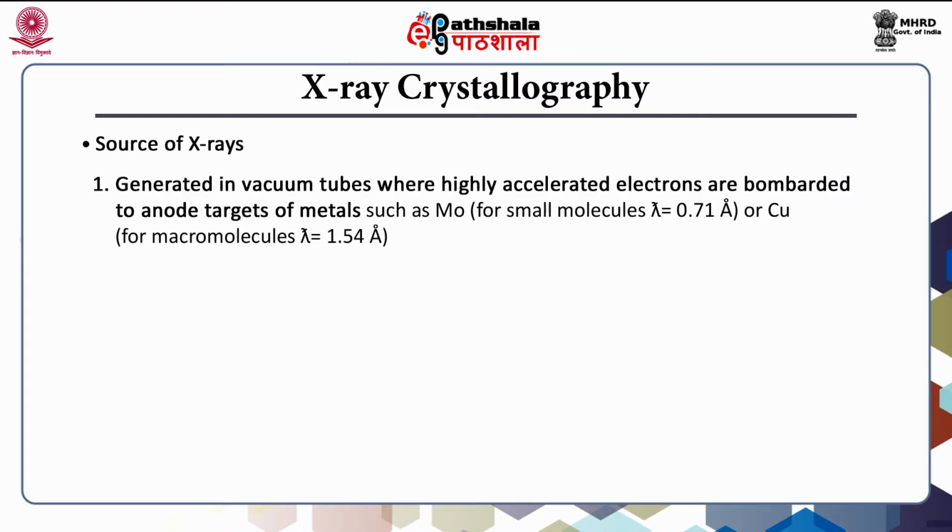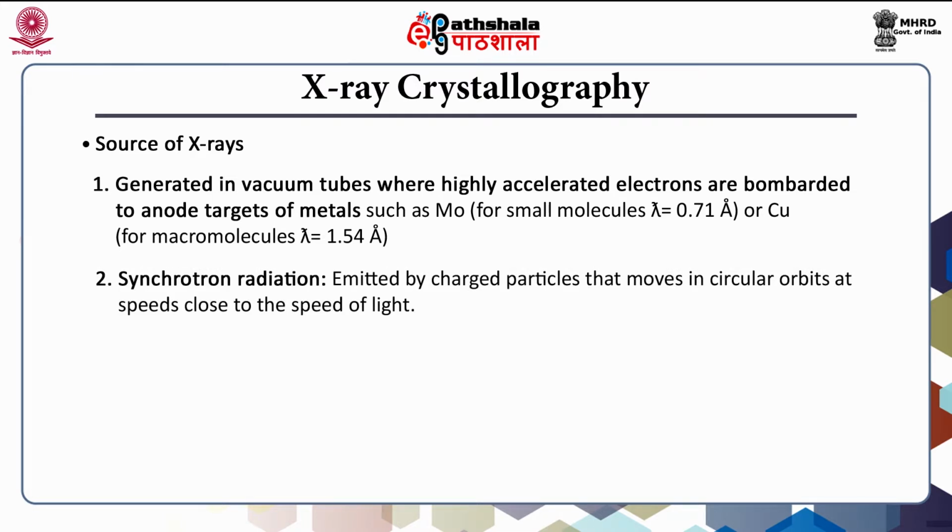A beam of X-rays of wavelength 1.54 angstrom is produced by accelerating electrons against a copper target. Generally, X-rays are produced by hitting the electrons against one particular target. In this case, generally the target is copper. That is one method to produce X-rays. The other method to produce X-rays is acceleration of electrons in circular orbits with the speed of light.